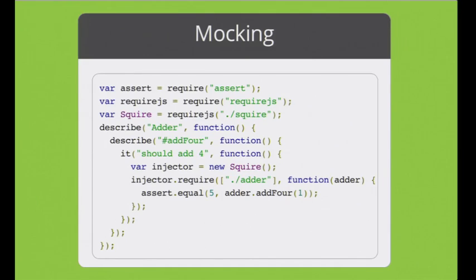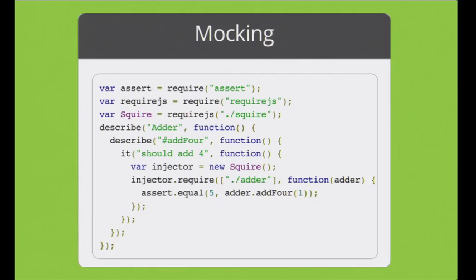I can't actually use the Node.js Require to load Squire, because Squire expects Require.js to be there, and Require.js, when it loads, will set itself up there so it overrides CommonJS for the module that it's loading. So I've got to use Require.js to load Squire. And then, like you can see here, I can create a new injector by calling the Squire constructor. And then I can say injector.require and pass my adder, and then have my asynchronous thing happening here where I pass in the function and do my assertion.